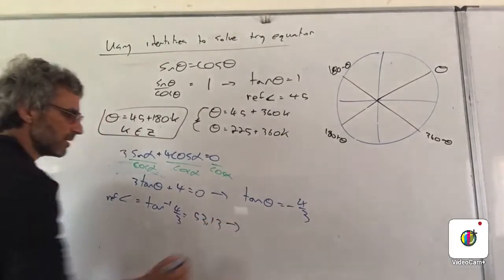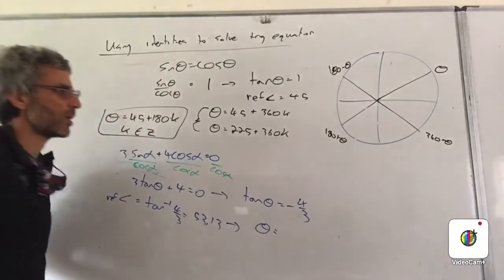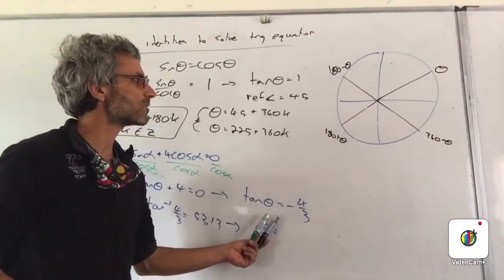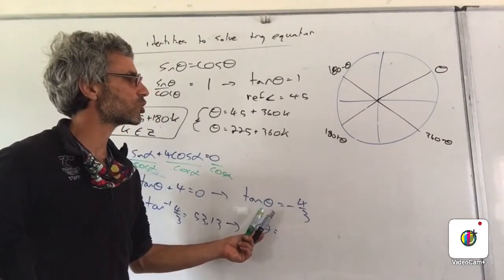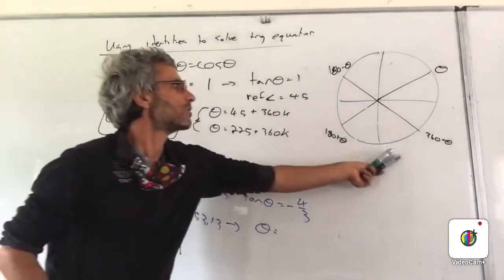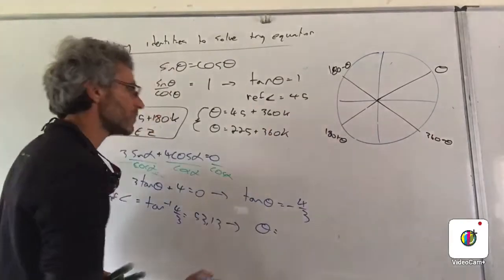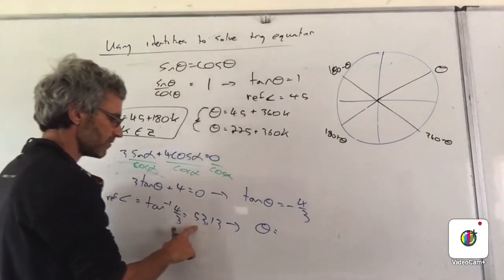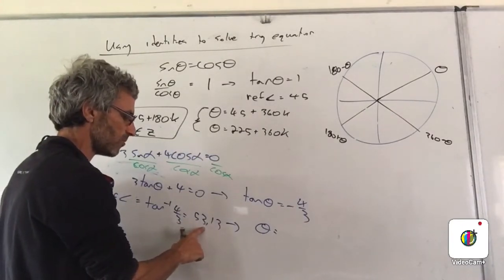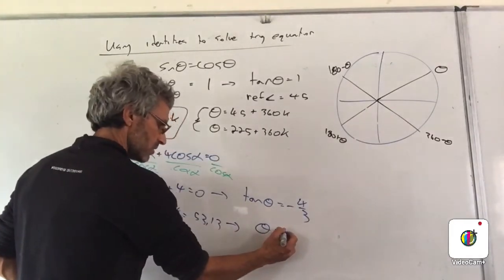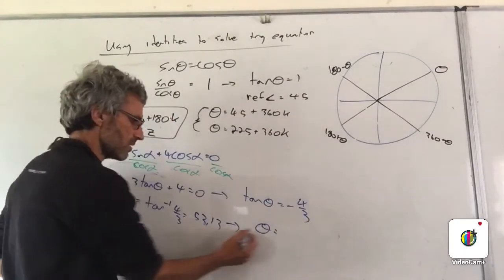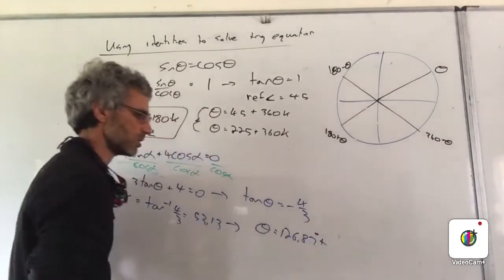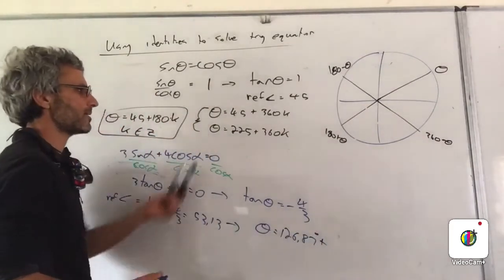That means that my theta is, tan is negative here, so it's between the fourth and the second quadrant. Let's start with the second one. So it's 180 minus 53.13, which is equal to 126.87. And I need to add 360k. Well, see what I'm going to do here is I'm not going to do the same here.